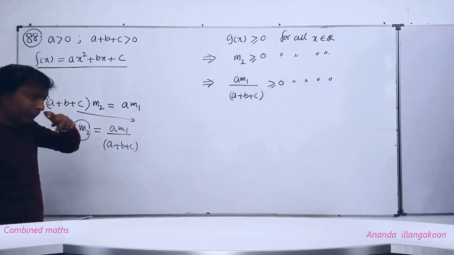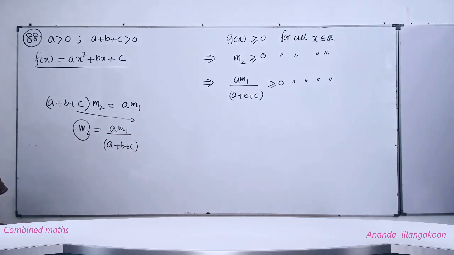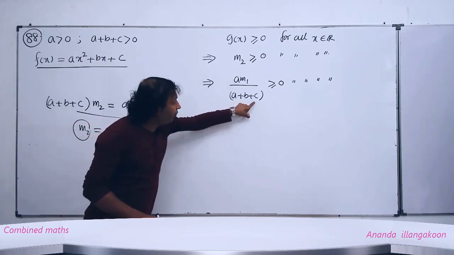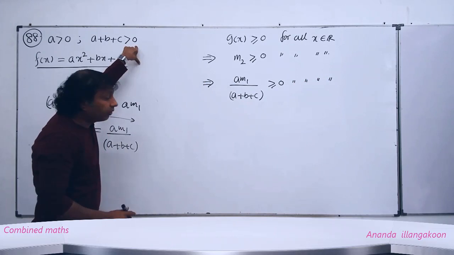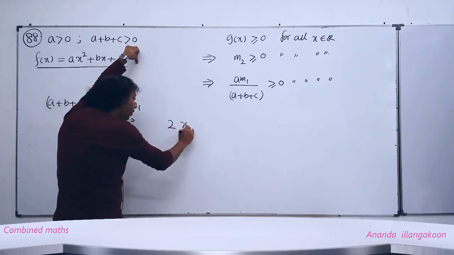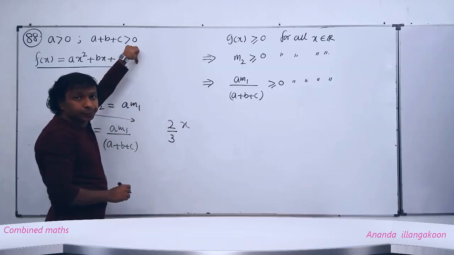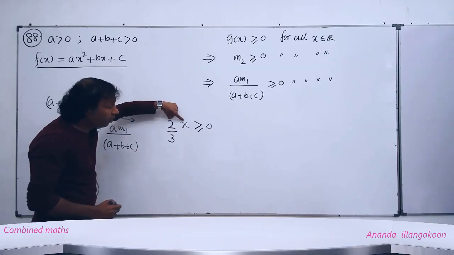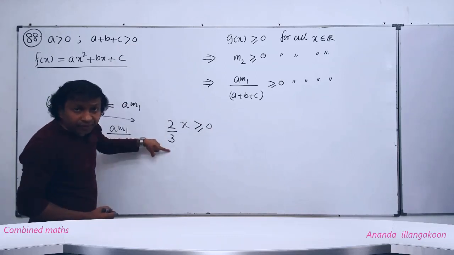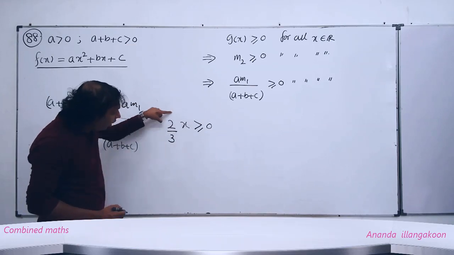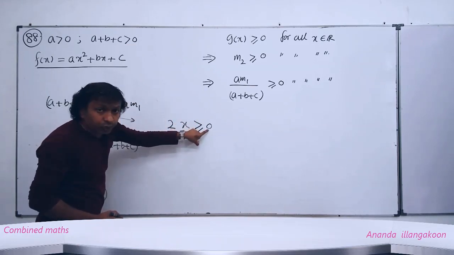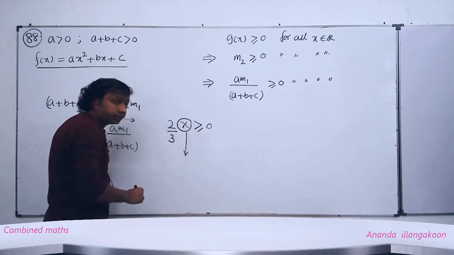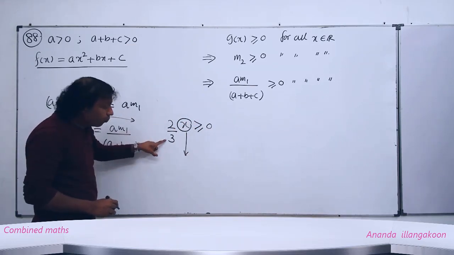Now you can very clearly understand. This a is positive, given a plus b plus c is also positive. Now suppose here we have 2x divided by 3 greater than or equal to 0. That means when we multiply x by 2 and divide by 3, the resulting answer should be positive or equal to 0. 2 is positive, 3 is positive.